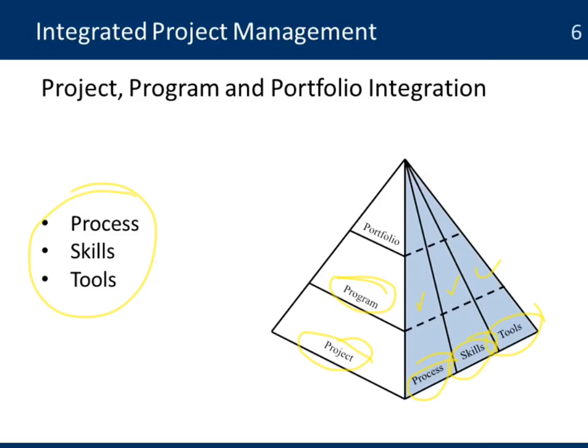And the same thing with portfolio. You're going to find the processes, skills, and tools are also needed and used for the effective management of the project portfolio. Those are the elements that help organize, from the perspective of the organization, how all the work, all the projects, all the programs are organized in a portfolio. They are all integrated and they are supporting the vision of the organization.